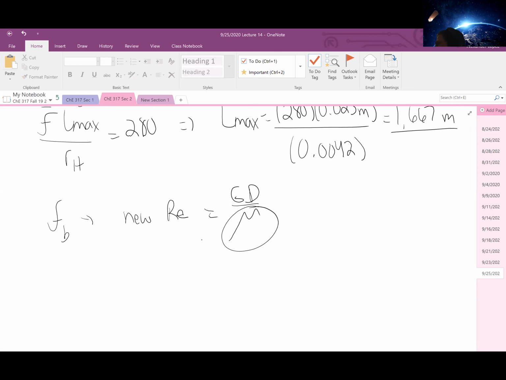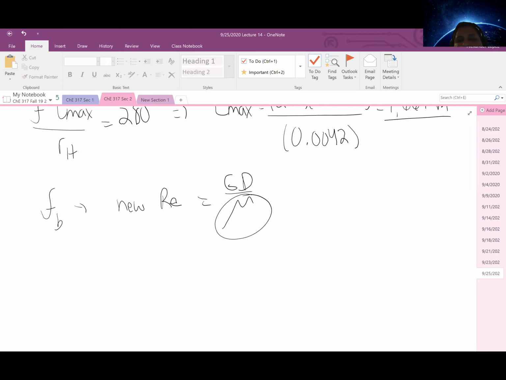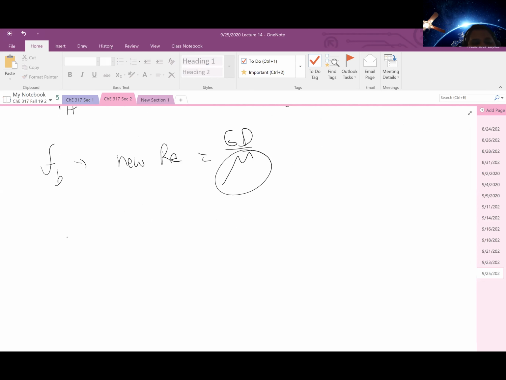And so the most effective way to look at your change in viscosity is to find your new temperature, or the temperature that you should expect at TB.